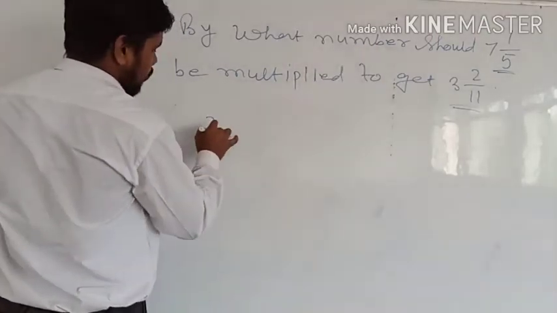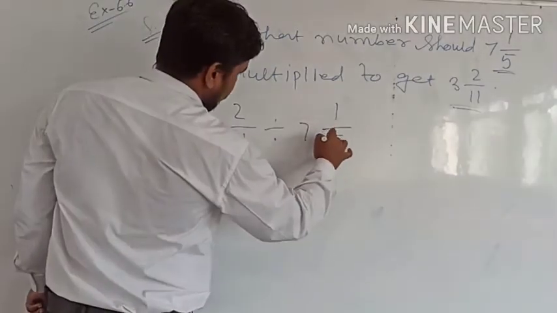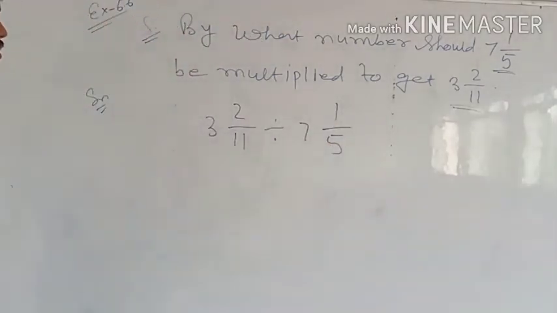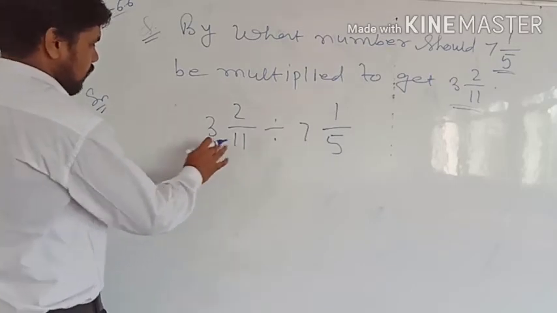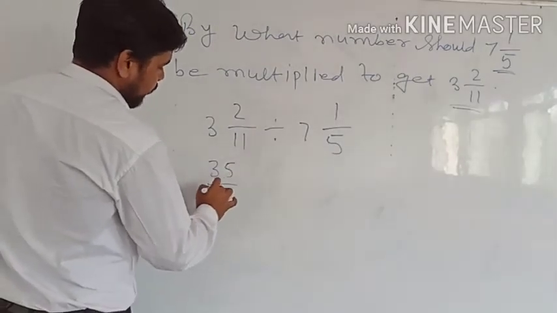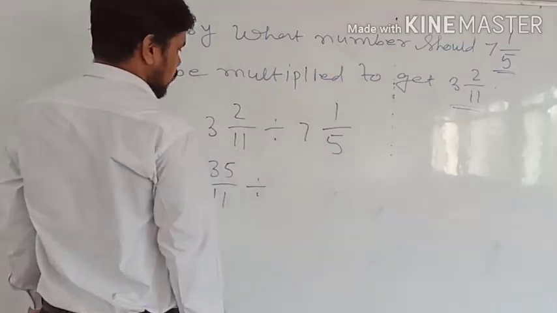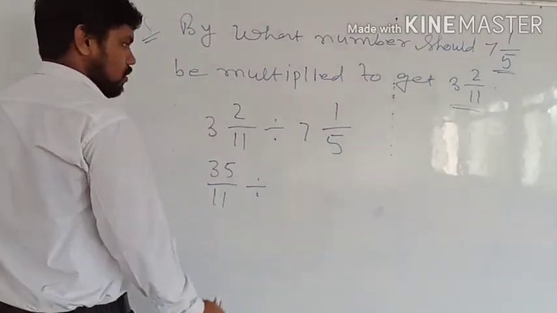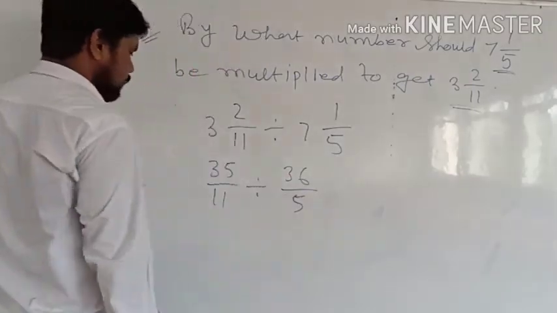So we will write 3 whole 2 by 11 divided by 7 whole 1 by 5. First we will convert these into improper fractions. So 11 threes are 33, 33 plus 2 is 35. So 35 divided by 11. And 5 sevens are 35, 35 plus 1 is 36. So 36 by 5.